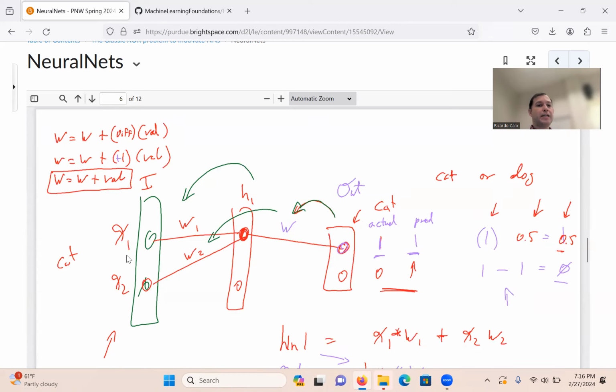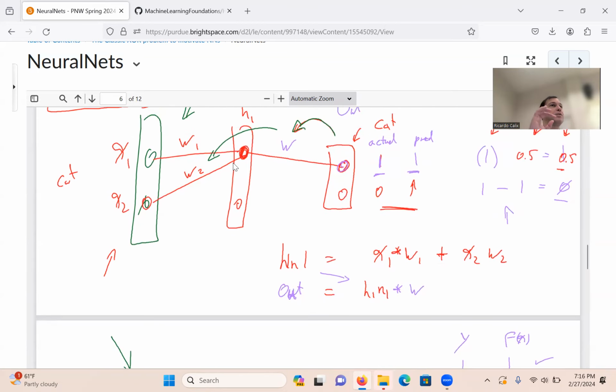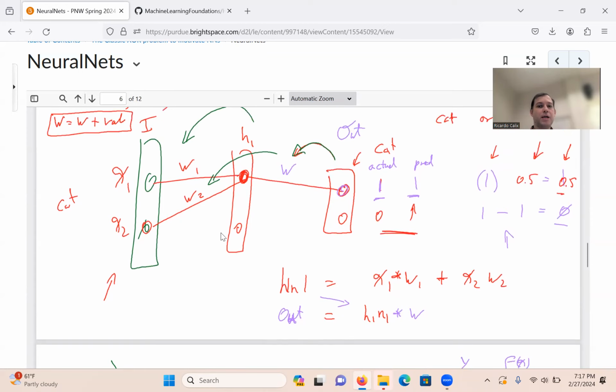Remember, you have the X's, the W's, and that predicts H1. Then H1 and these W's predict the O. Remember I said neural networks can be expressed in several ways. This would be expressing it as functions or equations. The input is X1 times W1, which are these two things.